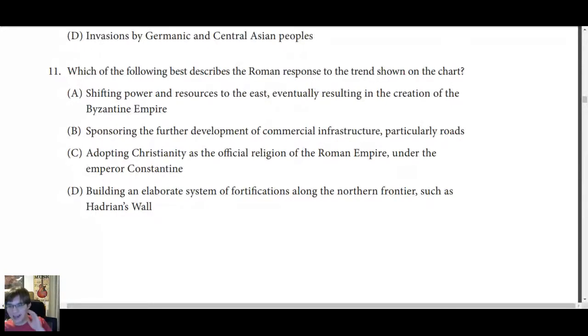So that is A. Let's look at B, C, and D and see why they are wrong. B, sponsoring the further development of commercial infrastructure, particularly roads. It wasn't really their response. They started taking resources and shifting them to the east because they were getting pummeled from the north and the west.